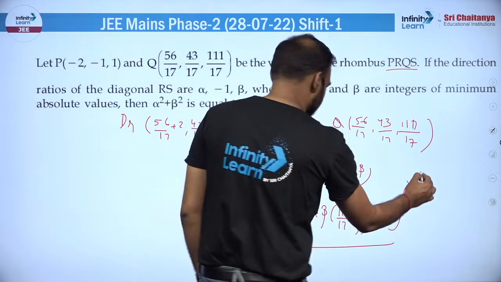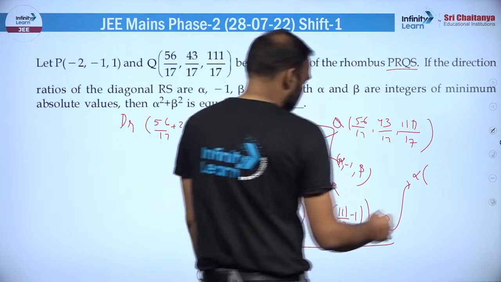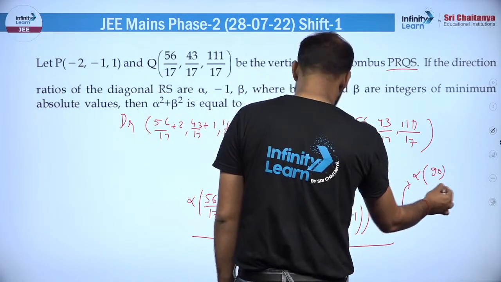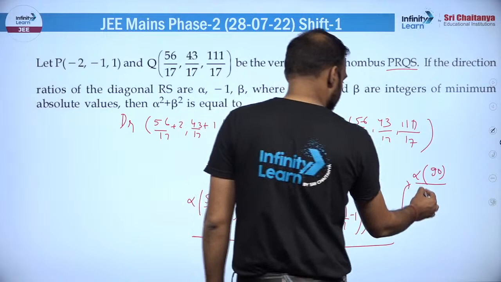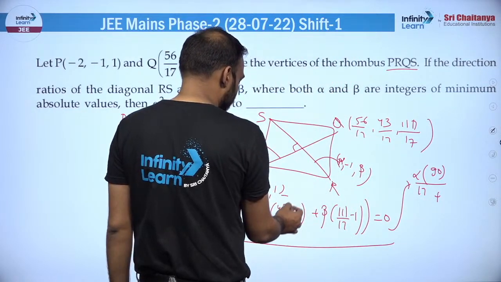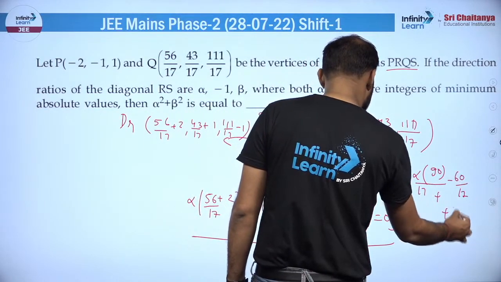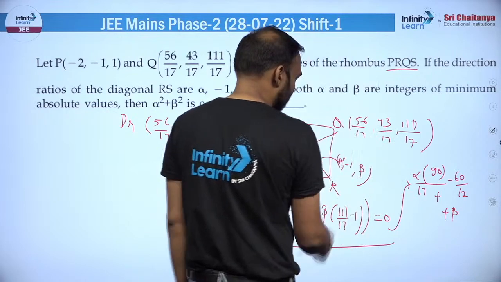So, you will get alpha into 56 plus 17 into 2, that is 34, that is 90 upon 17. I am simplifying first of all. This is 17, so 50, 60. So, minus 60 by 17 plus beta is how much? You subtract minus 17.